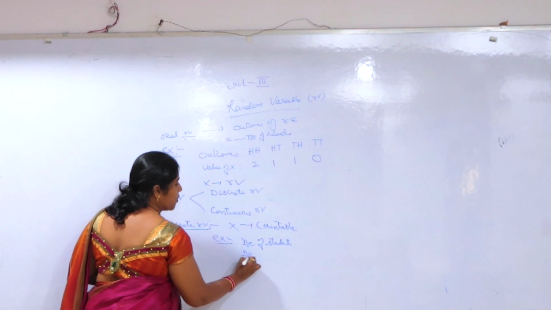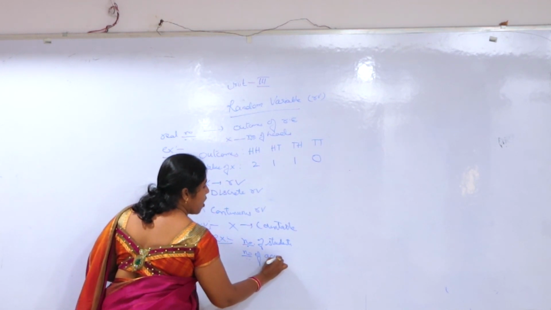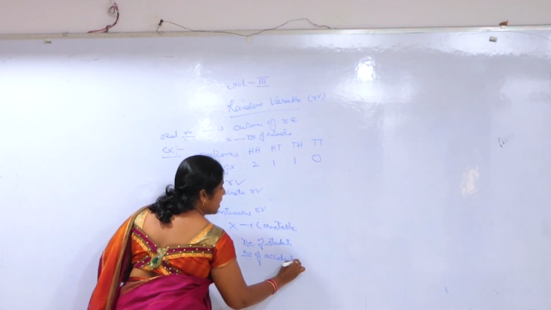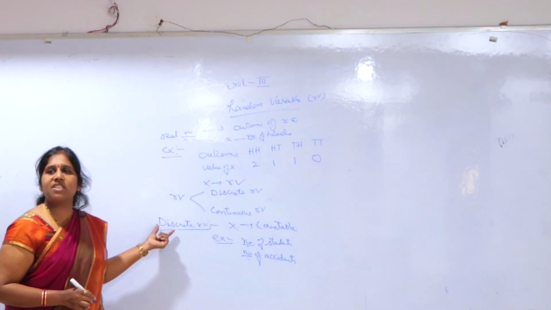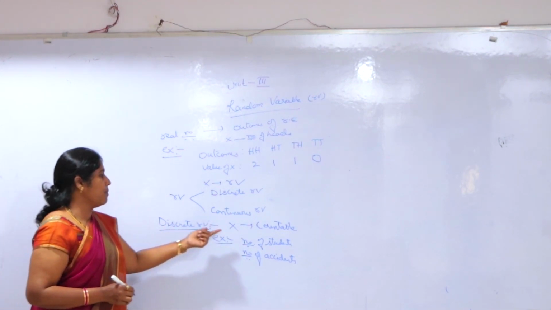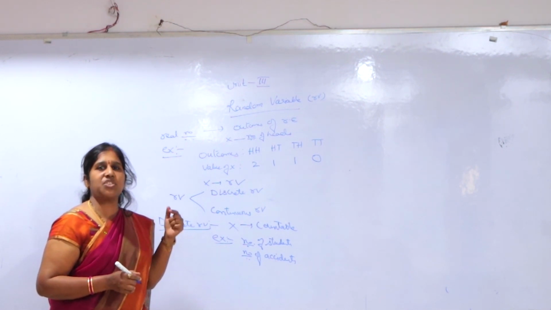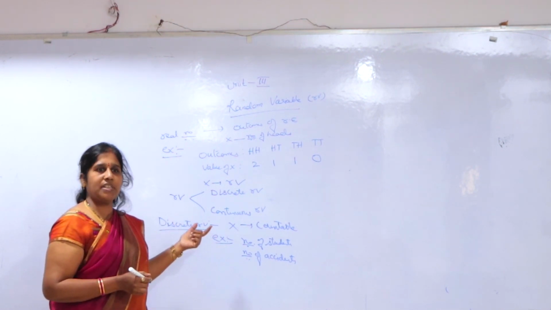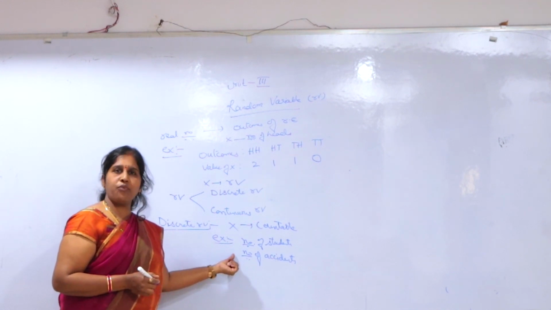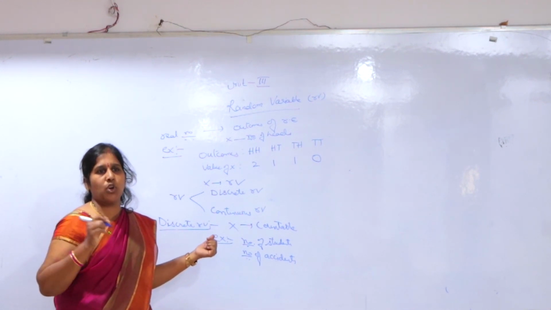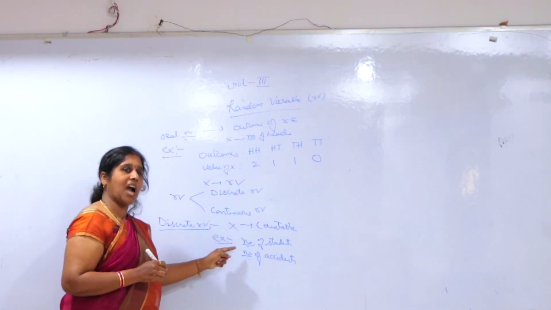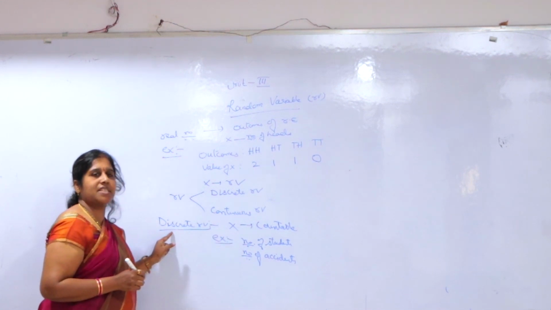All the things which are countable will come under your discrete random variable. Number of students in a class, or we can say number of CA students passed in 2023. We can call it as a countable number. Number of accidents, number of telephone calls, all those things which you can count, we call it as discrete random variable.